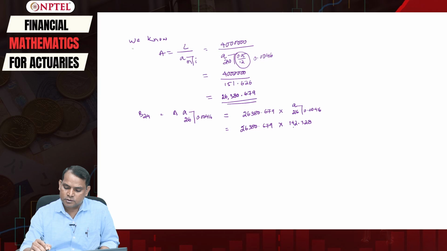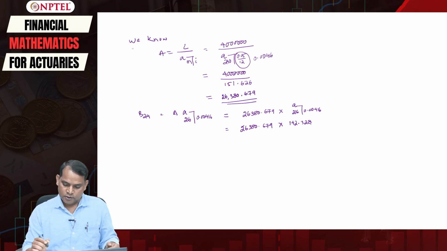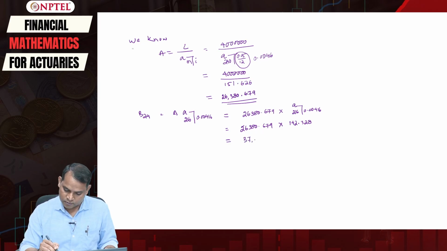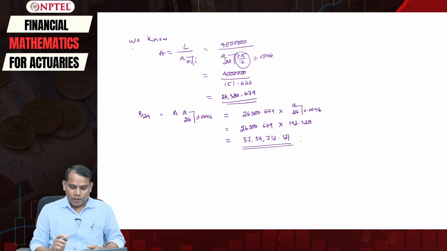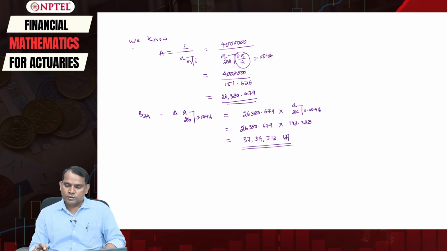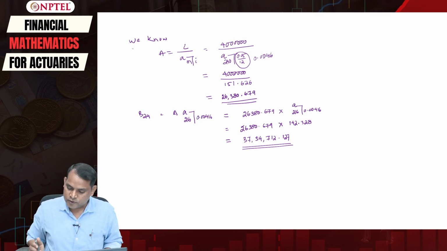We can use the calculator to get this value, and upon multiplying this we will get 37 lakhs 54,712.127. This much is the outstanding balance after the 24th payment. This is the prospective method.